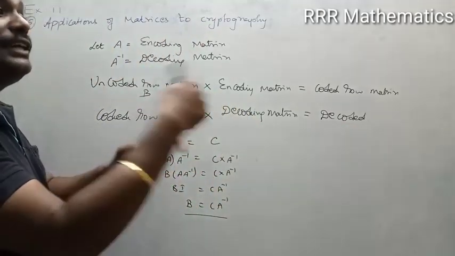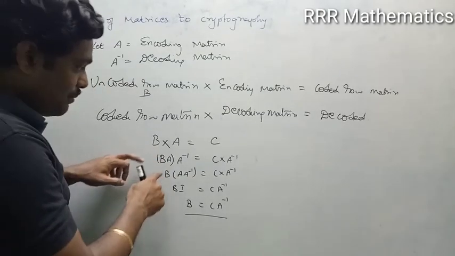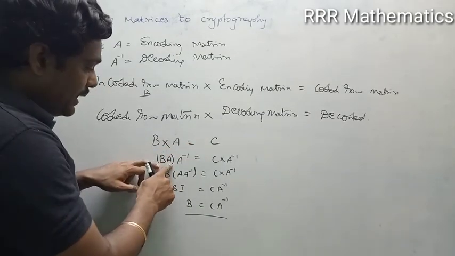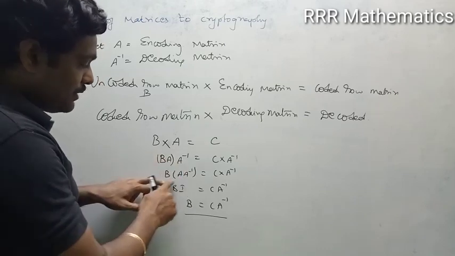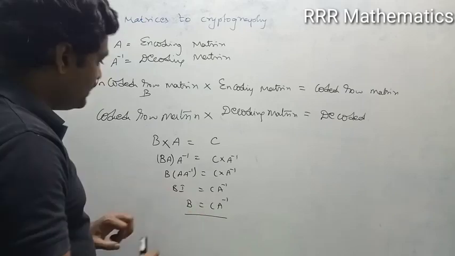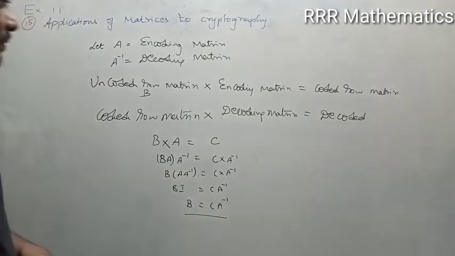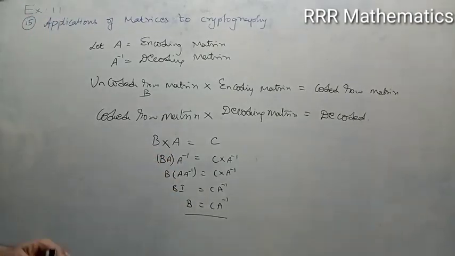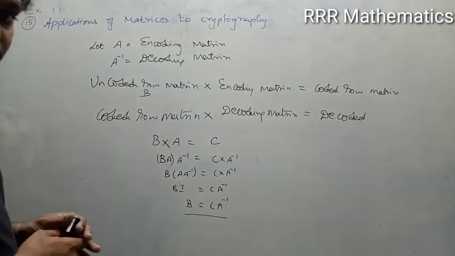How will it be decoded? C is nothing but B into A, so it is B A A inverse. By the associative property it splits, and A A inverse is I, so we get B. So B is C A inverse. The uncoded row matrix becomes decoded in this way. This is the example given in the textbook.